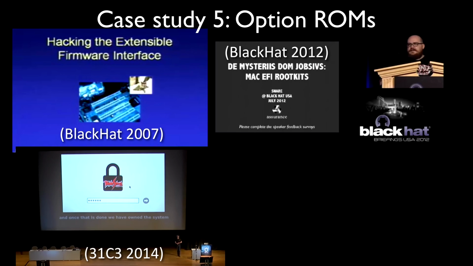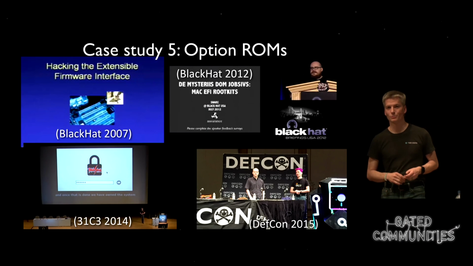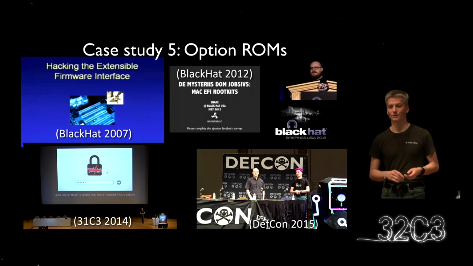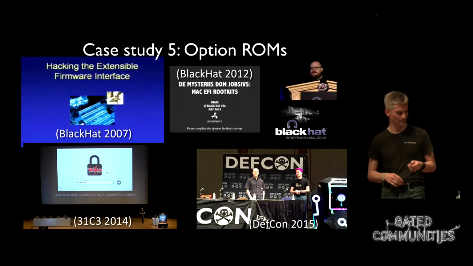My talk last year at CCC showed how you could use an option ROM, during a firmware update, to get code execution with the unlocked ROM. And then earlier this year, Zeno and I presented a class of vulnerabilities at DEF CON related to all of these that have been fixed.